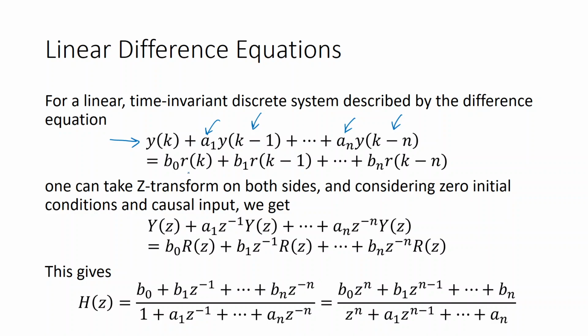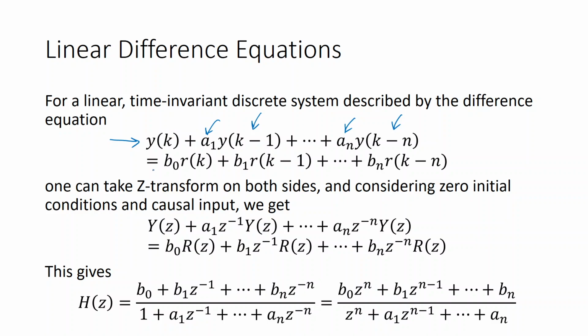This r(k) is the entire input sequence. Please keep this in mind. This y(k) is the entire output sequence. y(k minus 1) is the entire output sequence delayed by 1 unit of time, and there is a pre-scaling of a1 to this entire output sequence. Similarly, b0 r(k), b1 r(k minus 1) up to bn r(k minus n).